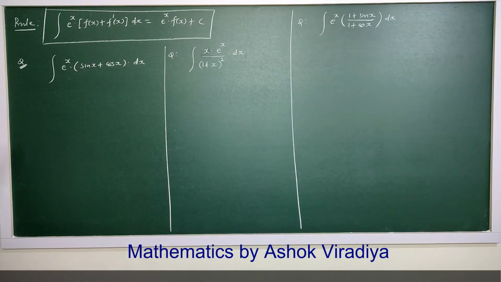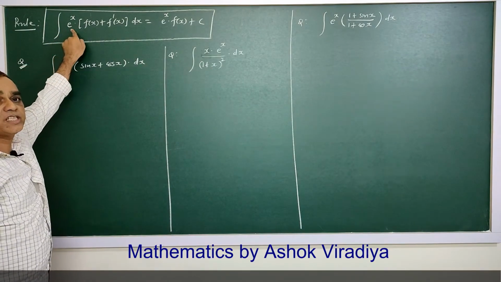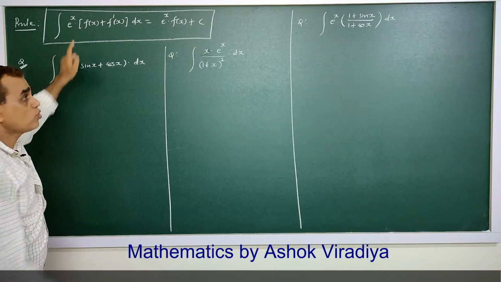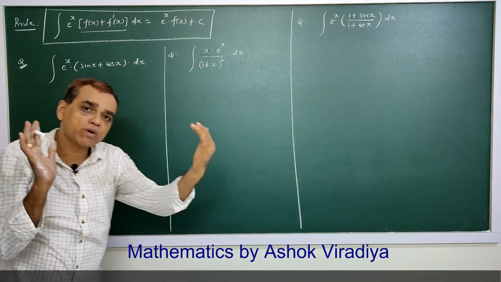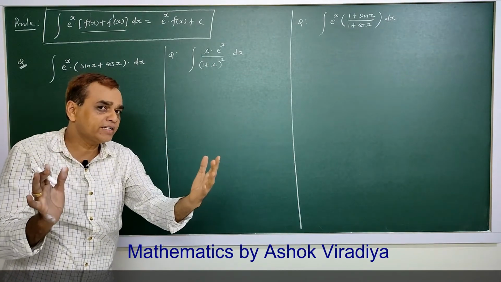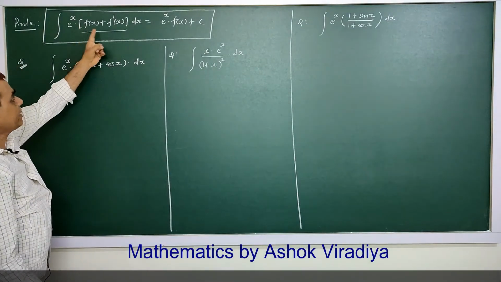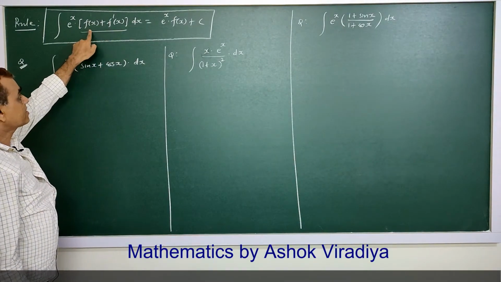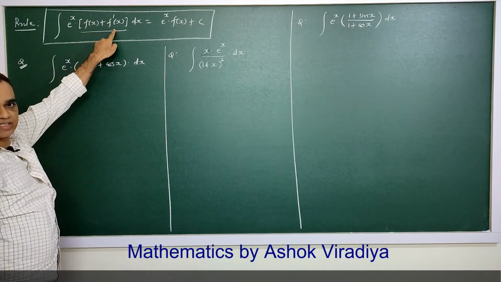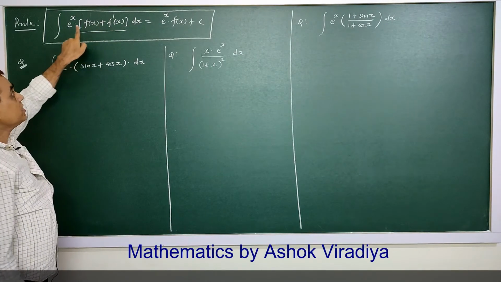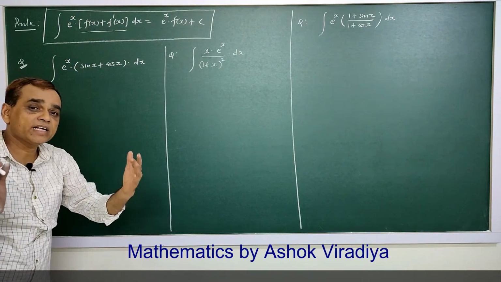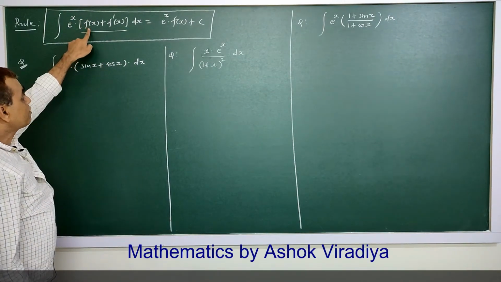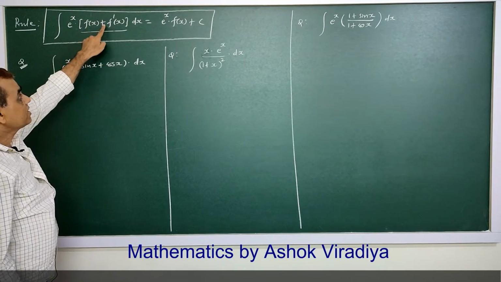Now a new rule: integral of e raised to x into bracket. What does the bracket contain? Bracket contains fx plus f dash x. e raised to x into bracket, where the bracket includes a function plus its derivative.